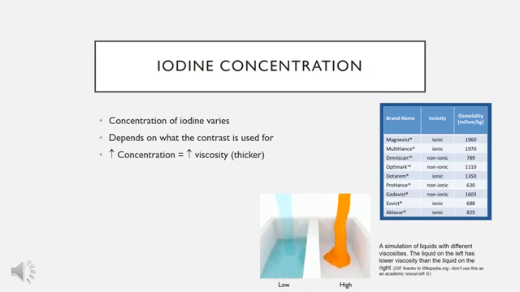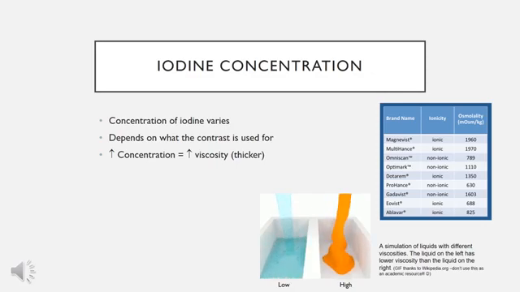So the amount of iodine atoms within the molecules that make up the contrast vary, and this is called the iodine concentration. Contrasts with a higher concentration of iodine atoms are going to be thicker or have a higher viscosity. So if you look at the animation, hopefully it's working, the liquid on the left has a lower viscosity, and the liquid on the right has a higher viscosity.